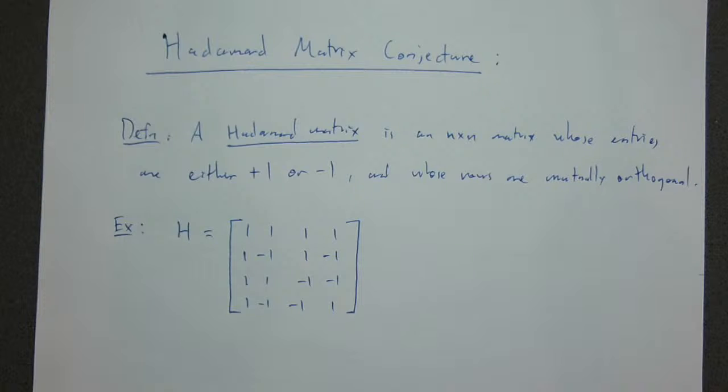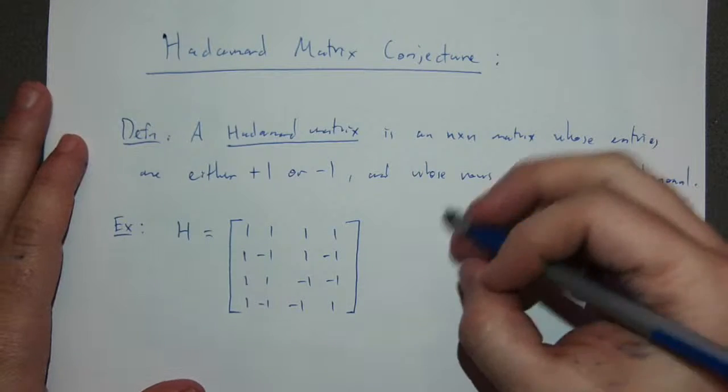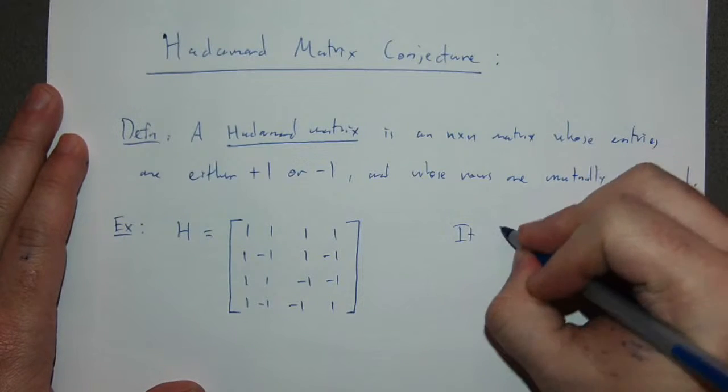All right. And you can check that any two of these rows are mutually orthogonal. But it turns out that if I ask you to just come up with a Hadamard matrix, this is not as easy as it looks.